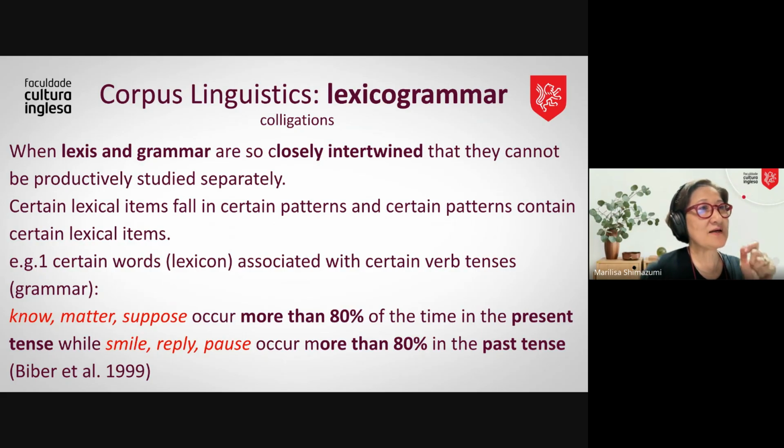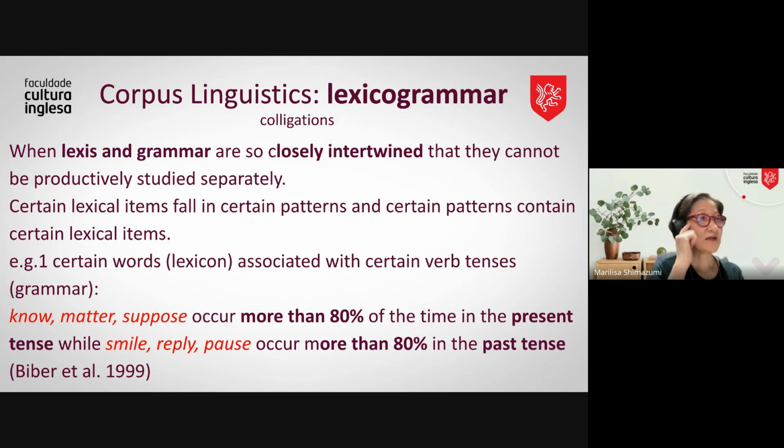So we have here Professor Douglas Biber, in 1999, in his huge grammar of contemporary English. He has shown us that certain words are associated with certain verbs.